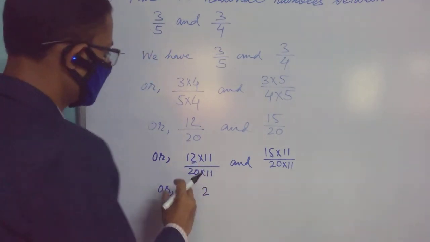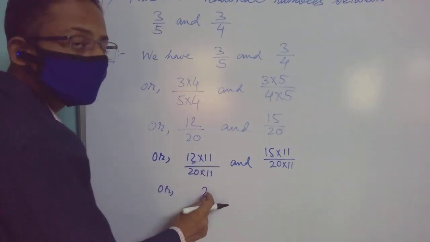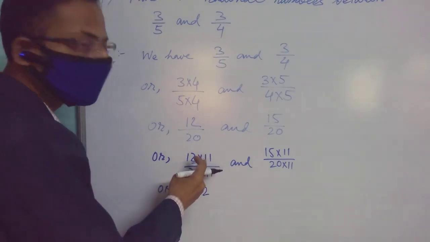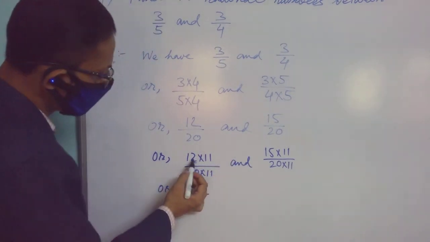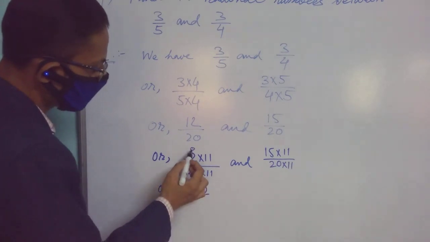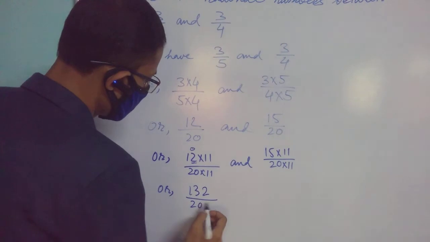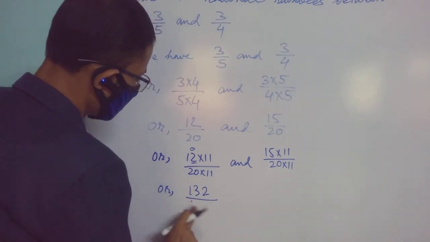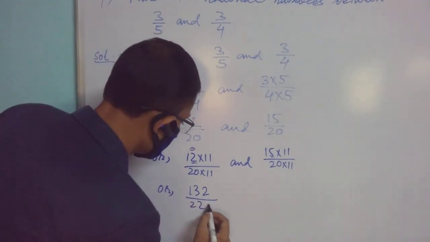Just like, you can easily multiply 12 into 11: 2, and 1 carry, 1 plus 2 is 3, so 132. Basically we are adding 1 to this digit and writing here 132, and then this is 220.